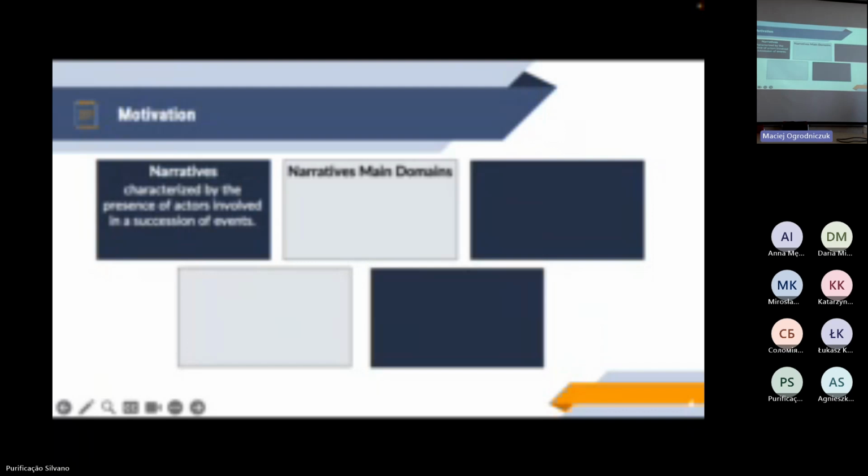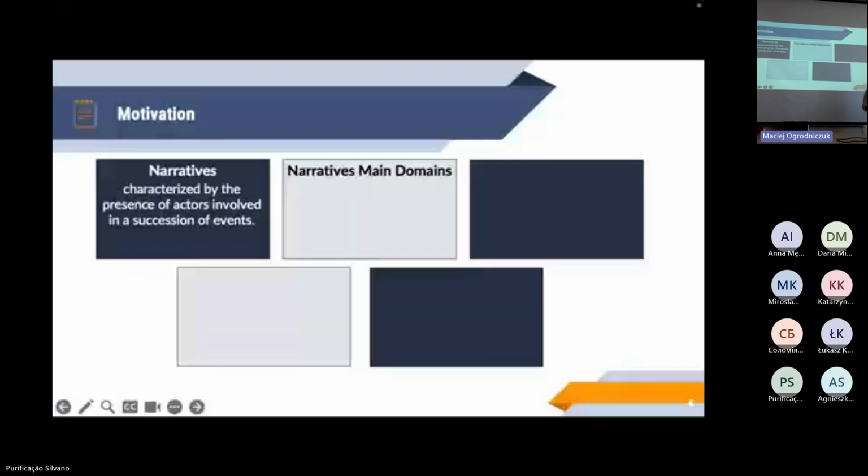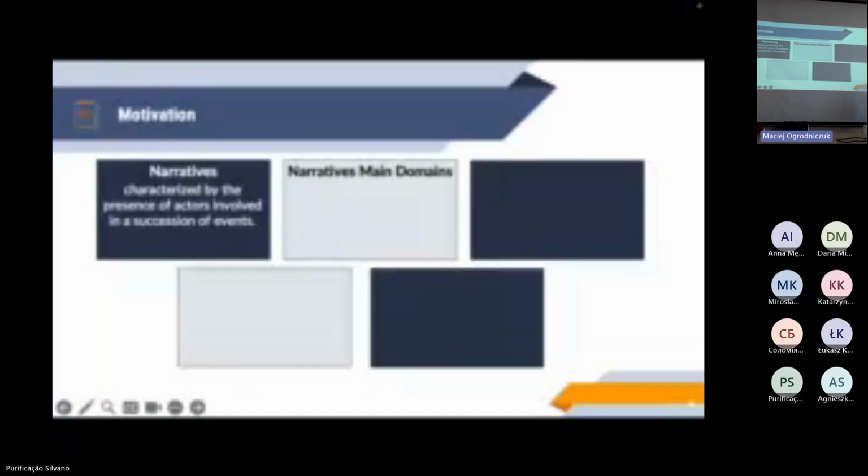And this kind of narrative, we can find in many domains. For instance, the literature, maybe it's the most well-known, but we also have narratives in journalism. For instance, news normally have a story behind, so this is a kind of narrative.